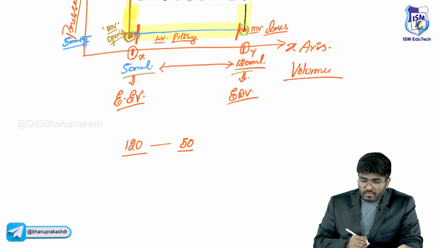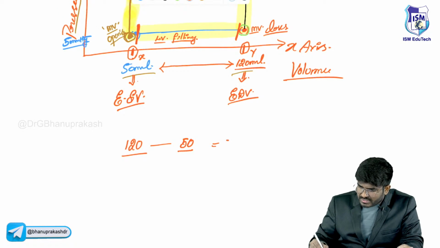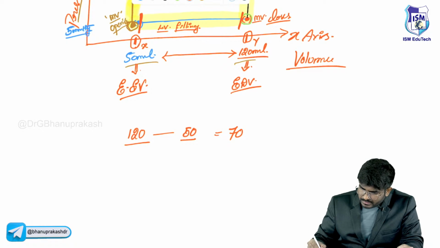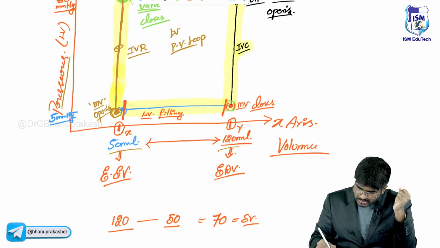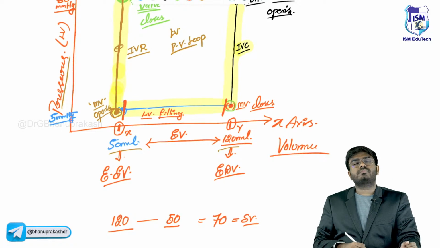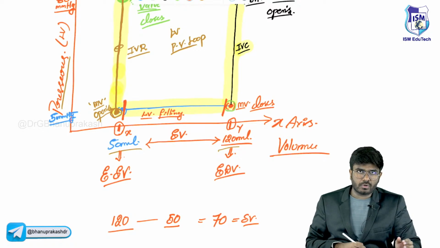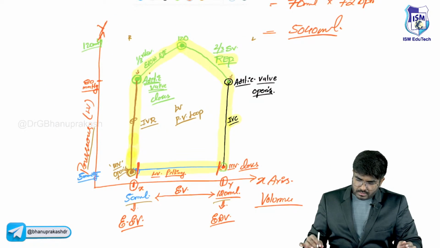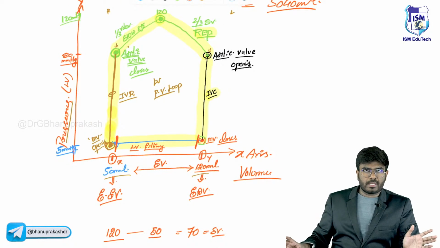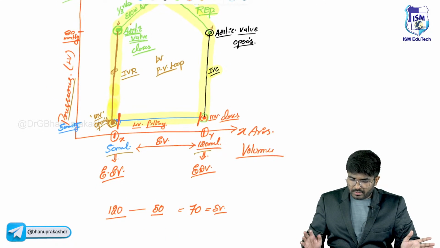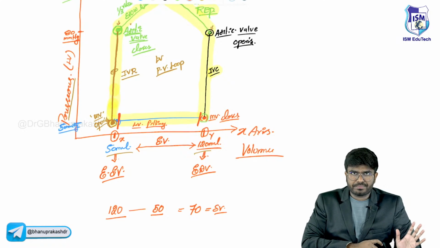So the difference is 70. What is the 70? 70 is the stroke volume. So this is all about the left ventricular pressure volume loop. Done. Very important for the physiology exams.